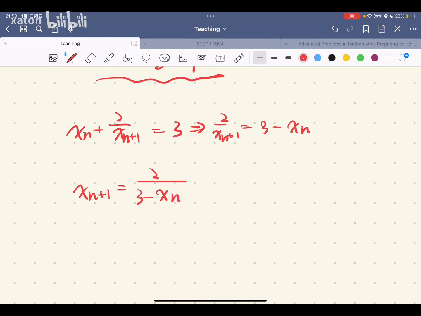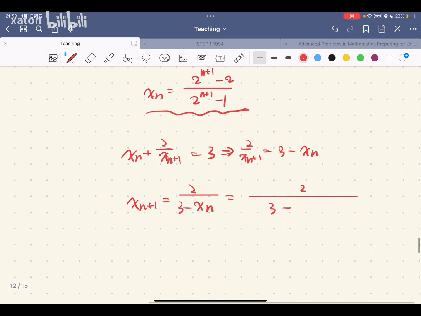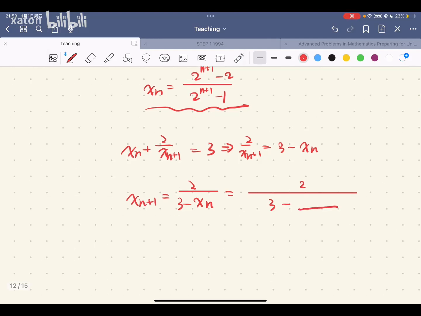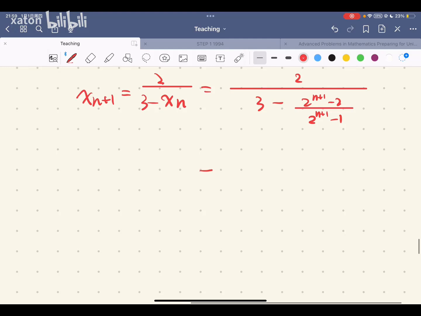And we substitute what we get into it: 2 over 3 minus the expression for xn. Okay, let's proceed. Just some calculations.